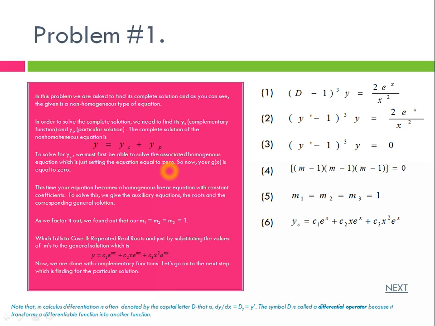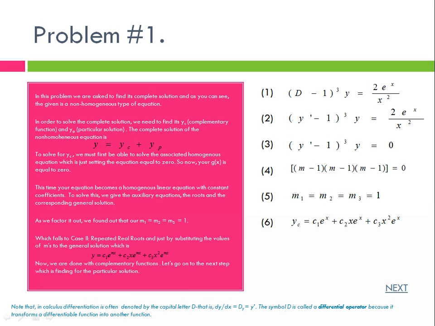Now for the next step, your equation becomes a homogeneous linear equation with constant coefficients. To solve this, we get the auxiliary equation, the roots, and the corresponding general solution.